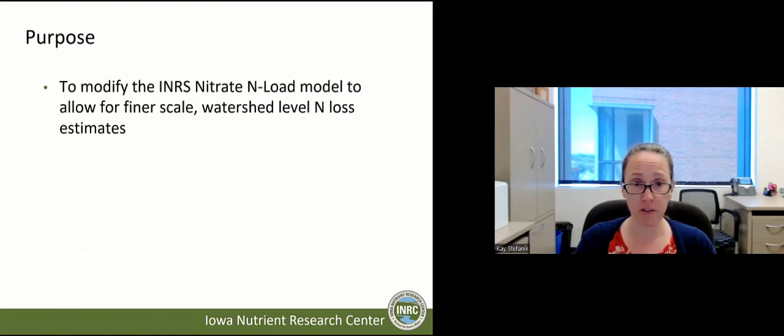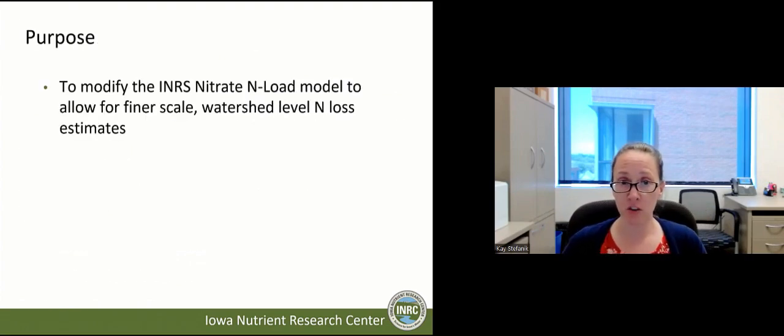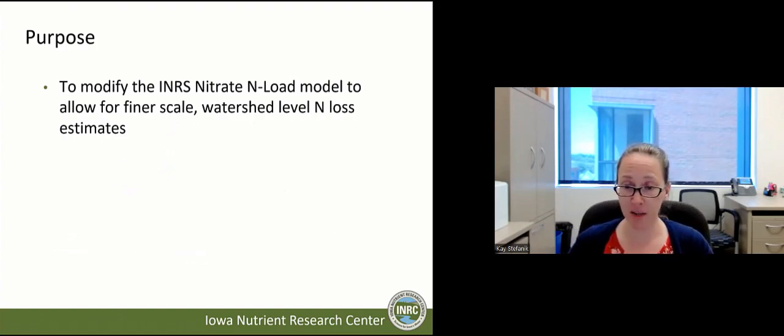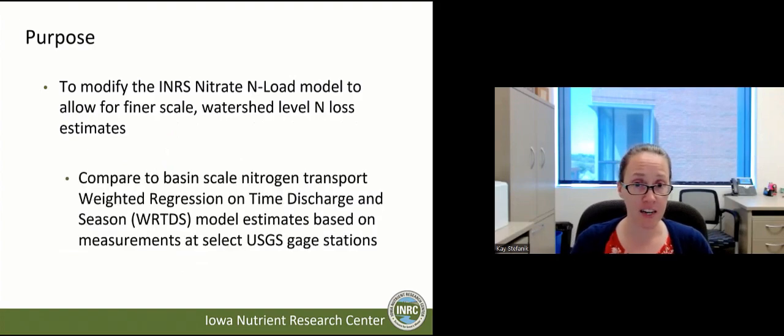So the purpose of this work was to first modify the Iowa nutrient reduction strategy nitrate N load model to allow for finer scale watershed level loss estimates, but then also to validate it at the watershed scale. To do this, we're comparing our output from that modified N load model to outputs from the Weighted Regressions on Time, Discharge, and Season, or WRTDS model.